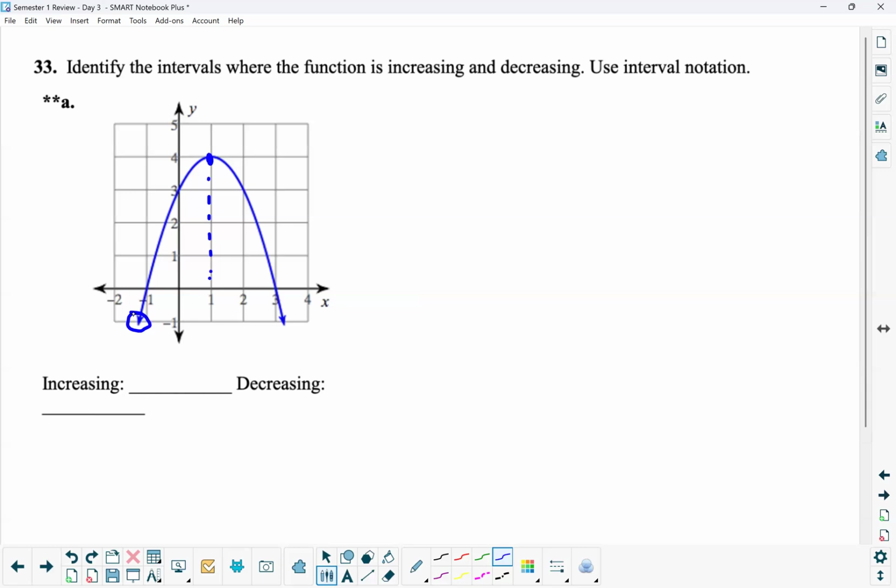It has an arrow on the left-hand side, which means it's increasing from -infinity to the x-coordinate of our maximum value, 1. And then it starts to decrease, and it decreases from 1. And again, we have that arrow at the end, so it goes to +infinity.